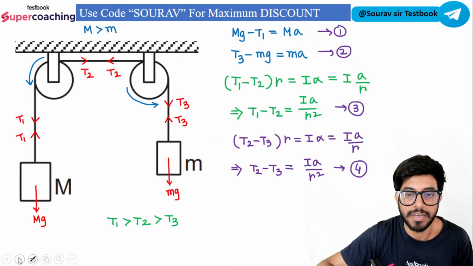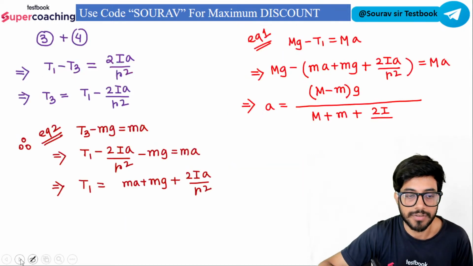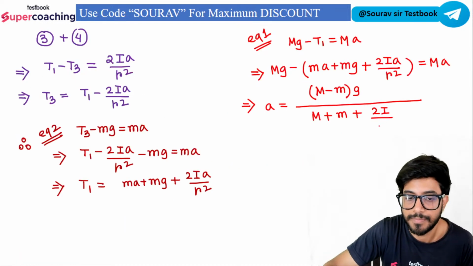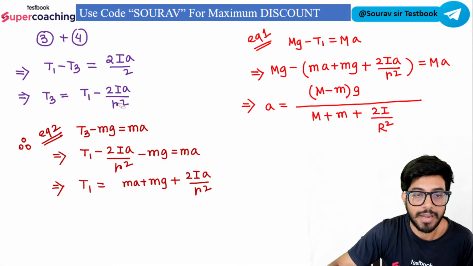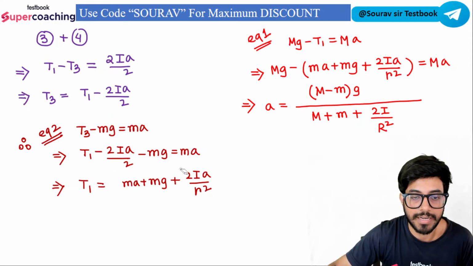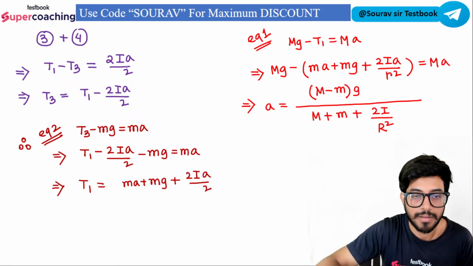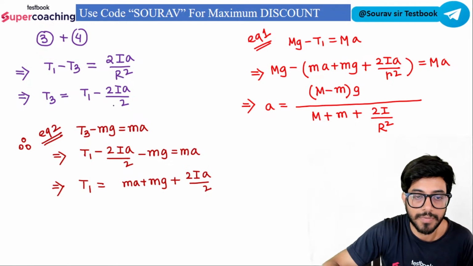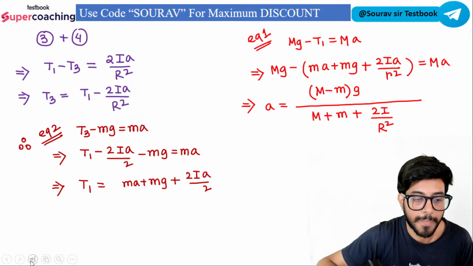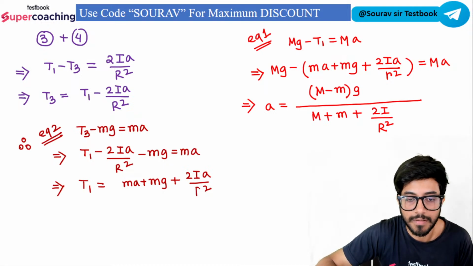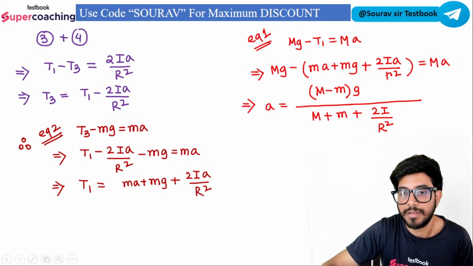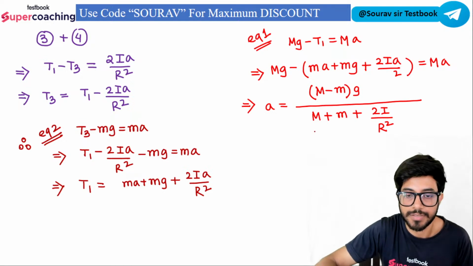They have said the radius of all the pulleys is r. We should put r here because they said always the radius is r. Don't you think we should put r? This should be r square, this should be r square.